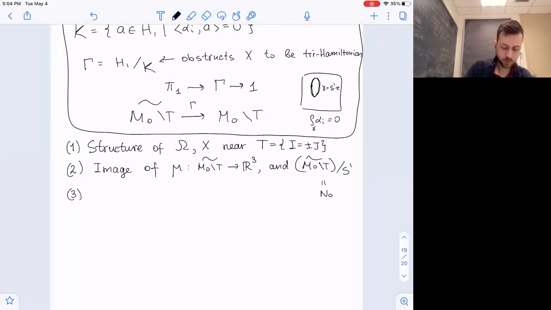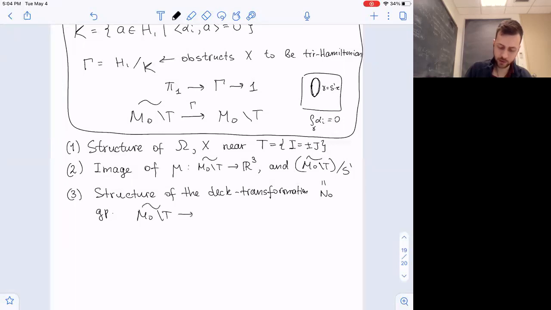Third part, we want to understand the structure of the deck transformation group in this covering.